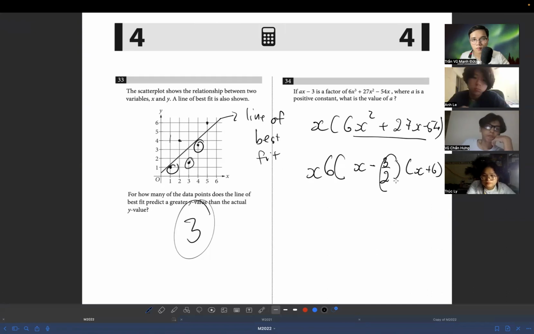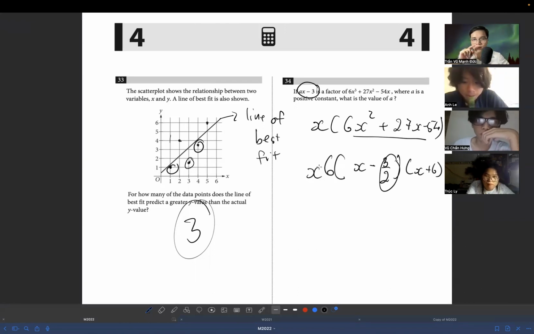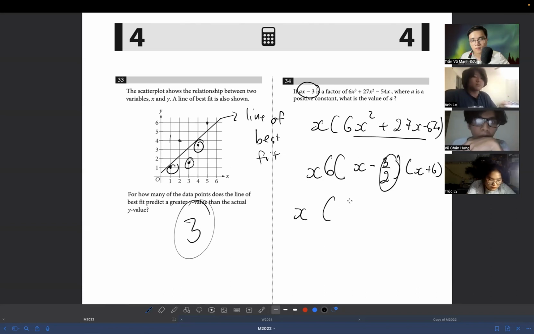And this looks so bad, and because they're asking for minus 3, I'm supposing I can just, wait, can I do this? Is the factor of this, let's see, where A is a positive constant, how can I move this to this? x times 6, if I multiply them here, 6x minus 3 times 3 is 9.